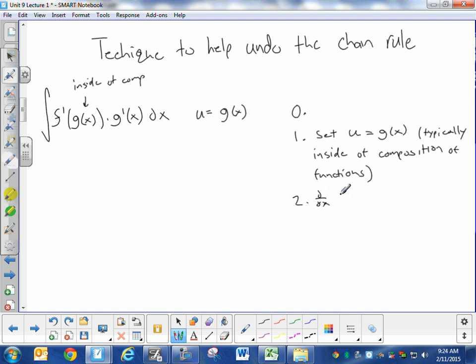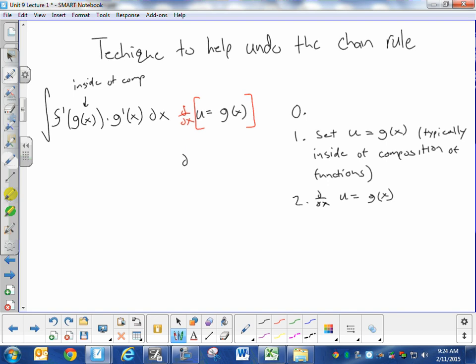Now, I'm going to show you what your answer is going to look like and what you'll need your answer to look like. Okay, so you don't have to show this step, but watch what happens. I'm going to take the derivative with respect to x of u equals g of x. Now, let's look at the left side. What is the derivative with respect to x of u?